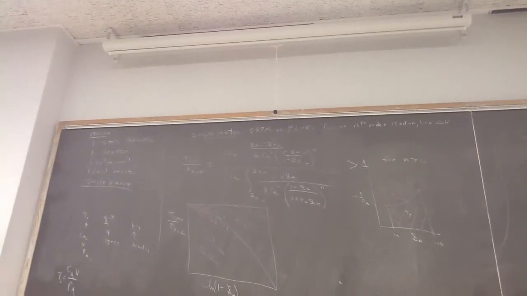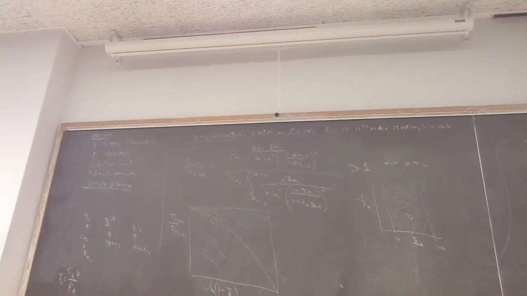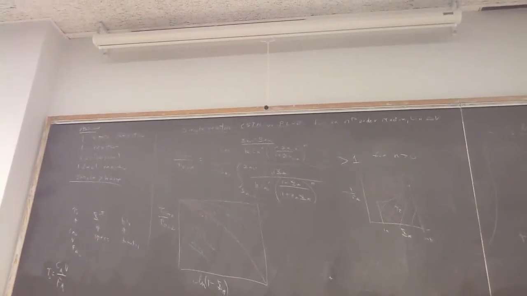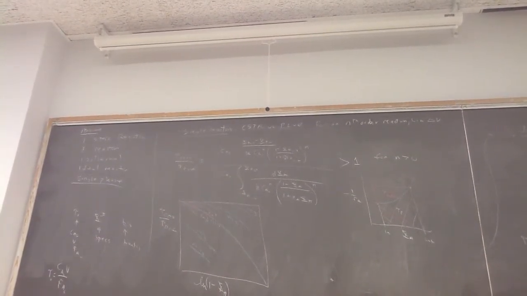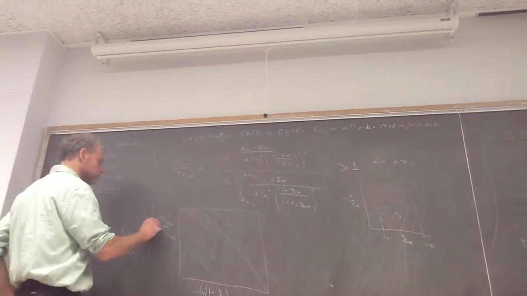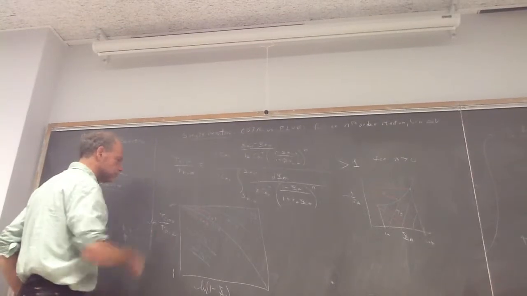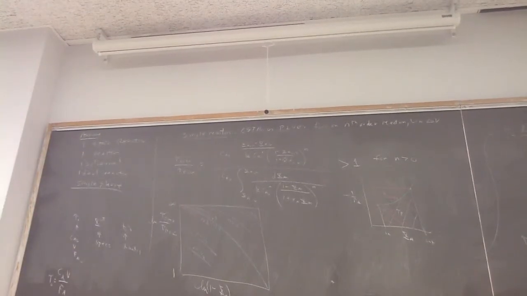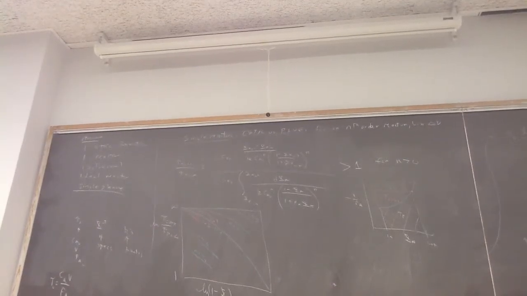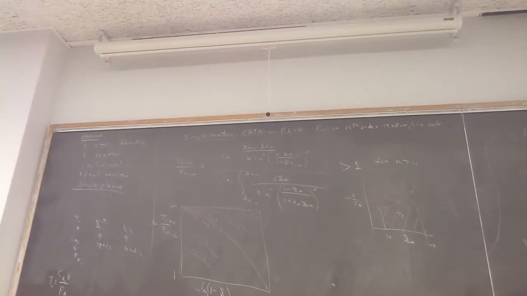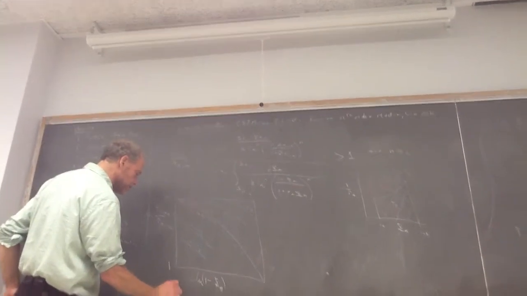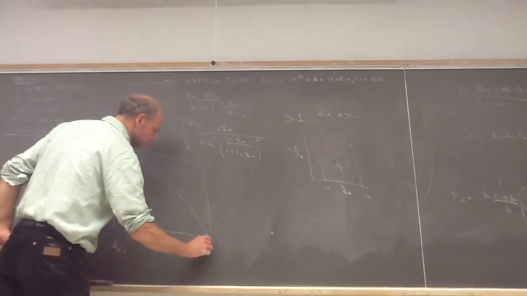And this is 0 and 1, right? Oh, the log of... So this corresponds to XA equals 1 and XA equals 0.